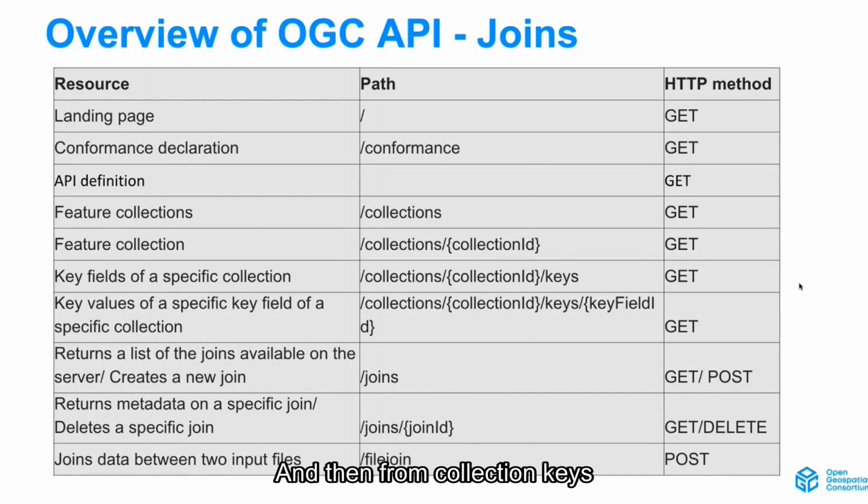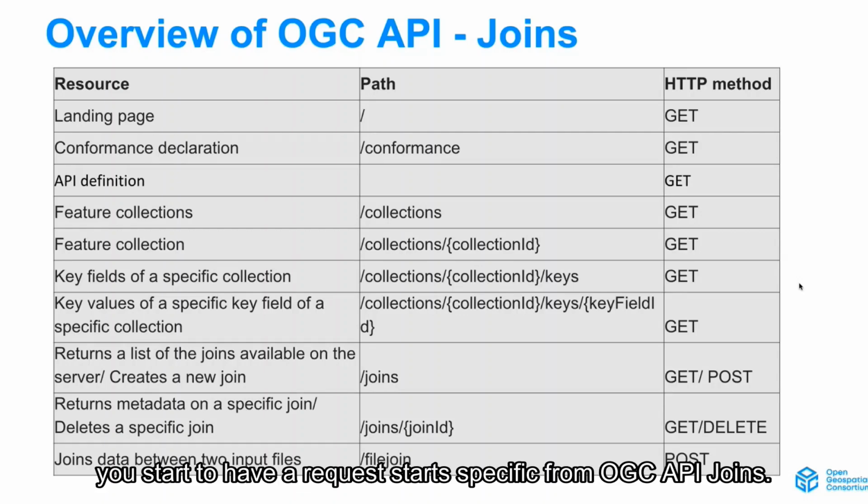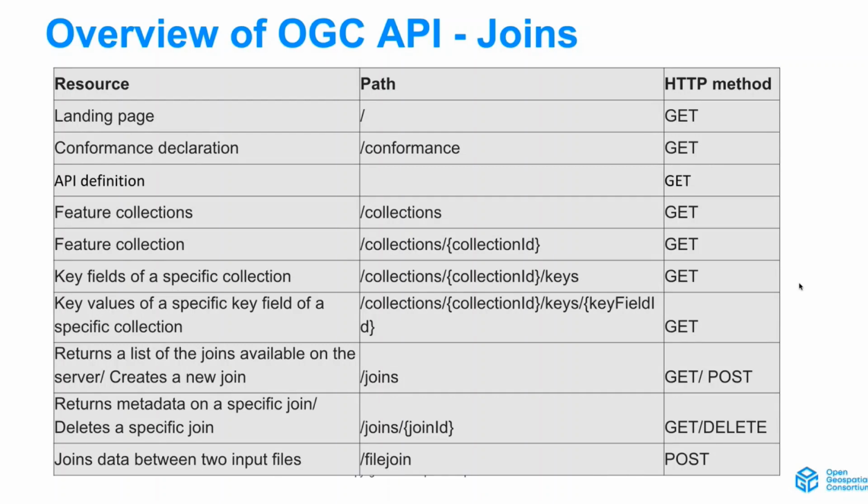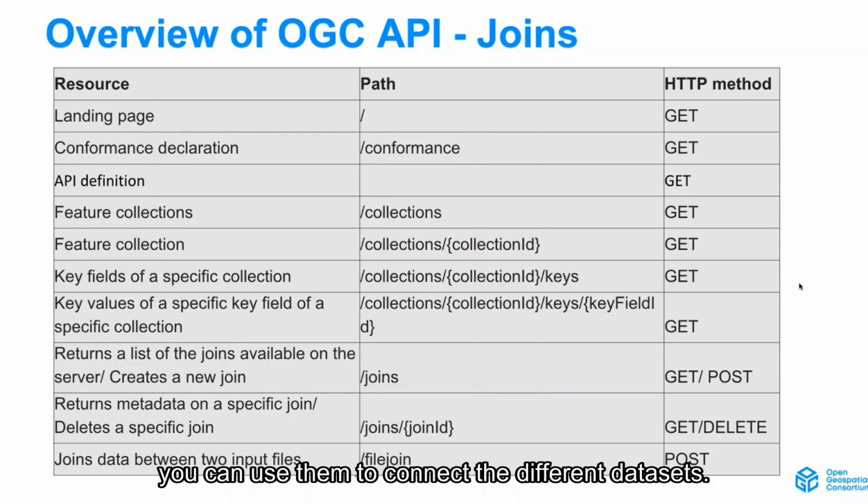And then from collections keys, you start to have the requests that are specific to OGC API Joins. So first of all, you can look for the key fields for a specific collection. And these are important because you can use them to connect the different data sets.